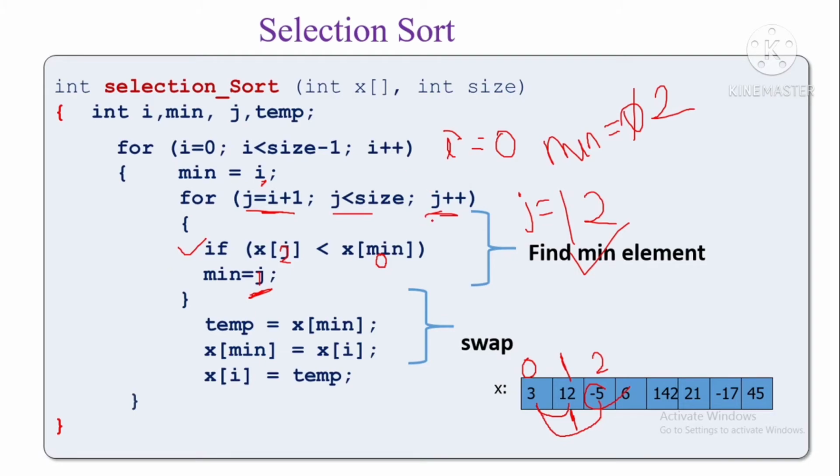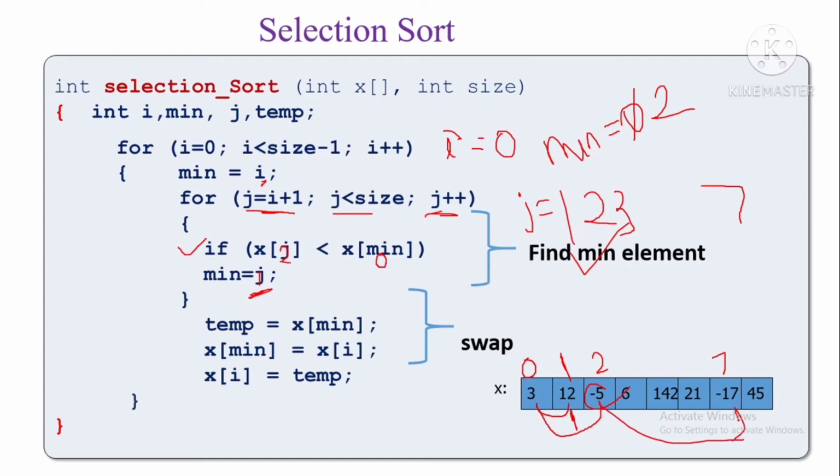Again you have to increase the value of j by 1. It will become 3. So this is greater, this is greater, and this is also greater. When j reaches 7, then you have to compare minus 5 with 7.